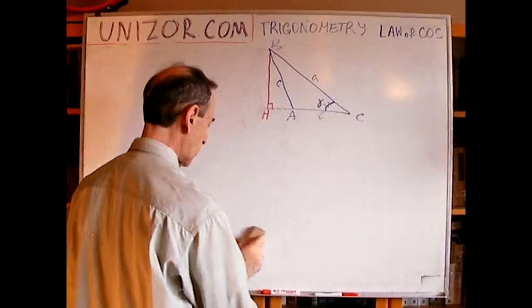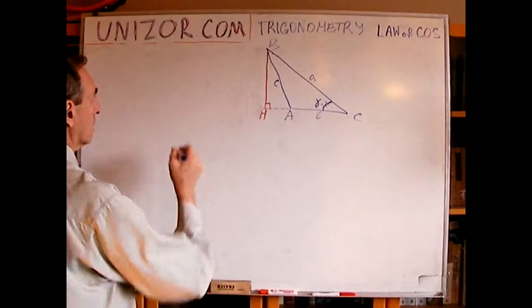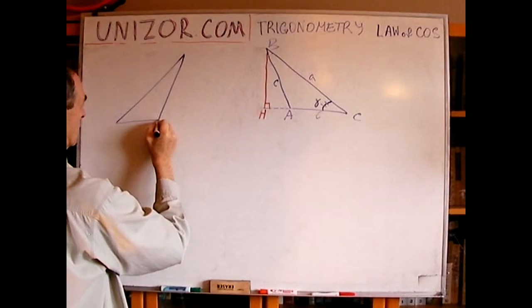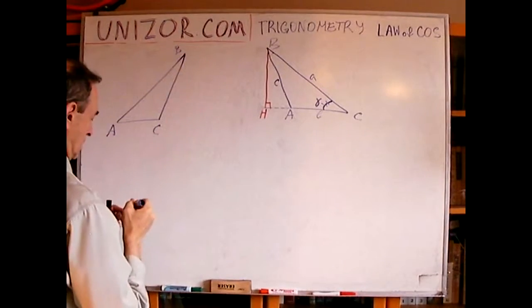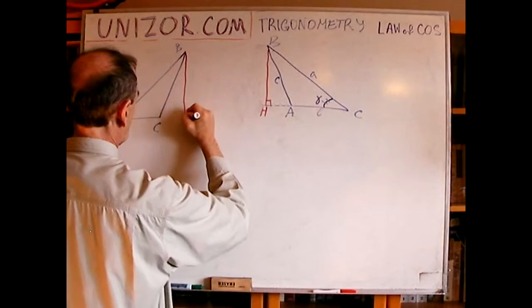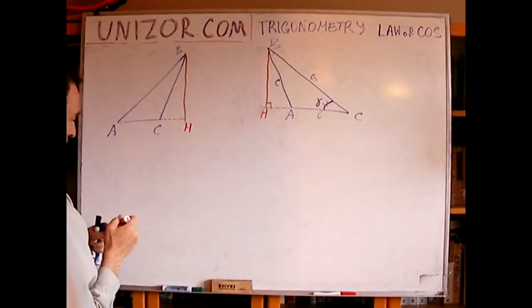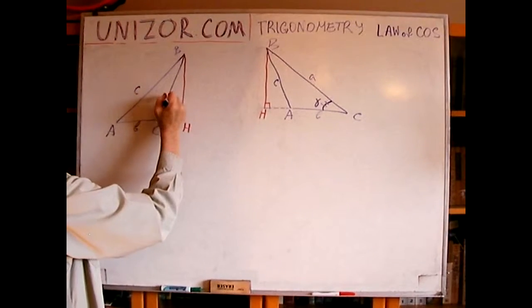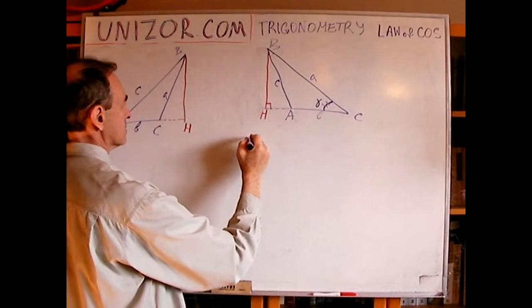And let's talk about another one. I'll draw it here. So we have this type of a triangle. This is A, this is C, this is B, and this is H. Now, in this case, let's do it again.